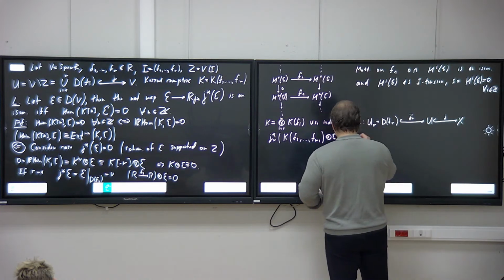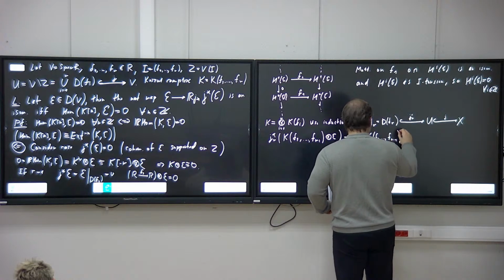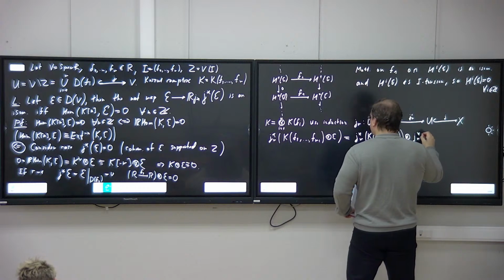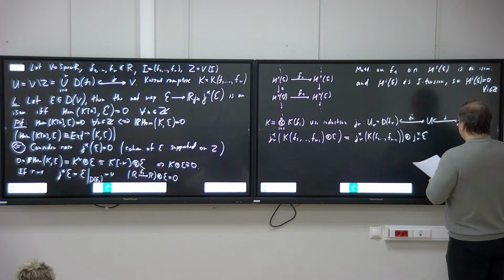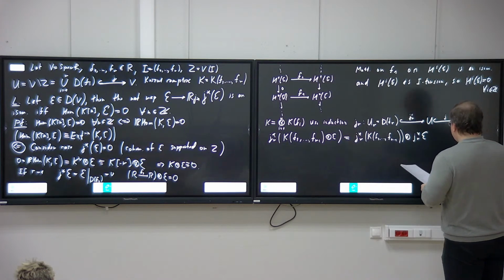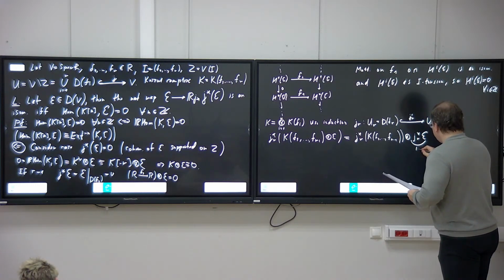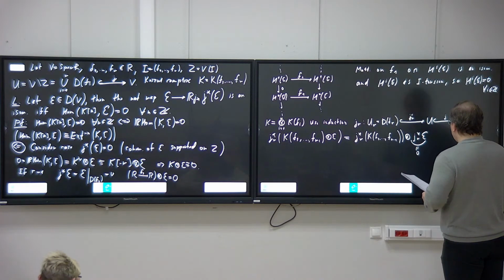Because I can write this as a pullback applied to the Koszul complex, and then tensor product with the pullback applied to the E. But this pullback is 0, right?